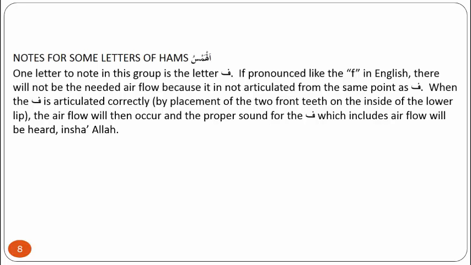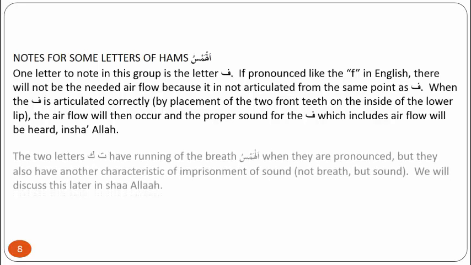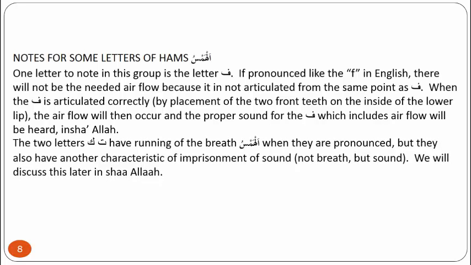Af, inshallah. The two letters ta and ka have running of the breath also. They have hams when they are pronounced, but they also have another characteristic of imprisonment of sound. Not breath, but sound. We are going to be discussing this inshallah in the next class. Notice there are two types of imprisonment: imprisonment of the breath and imprisonment of the sound.